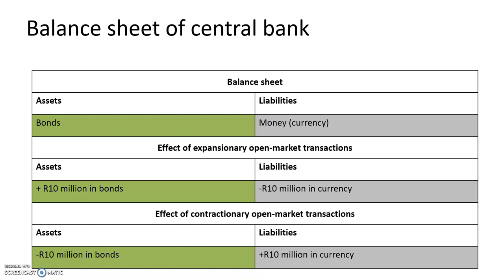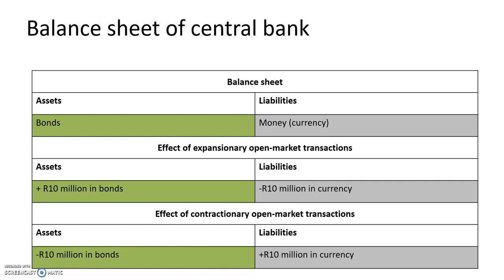Open market transactions lead to equal changes in assets and liabilities. If the central bank buys, for instance, 10 million rand worth of bonds, the amount of bonds it holds is higher by 10 million rand, and so is the amount of money in the economy. Such an operation is called the expansionary open market operation because the central bank increases or expands the supply of money.